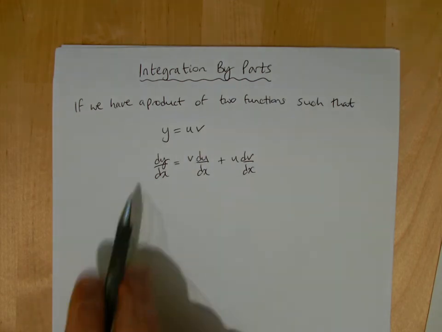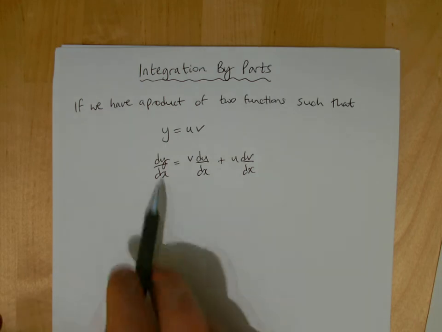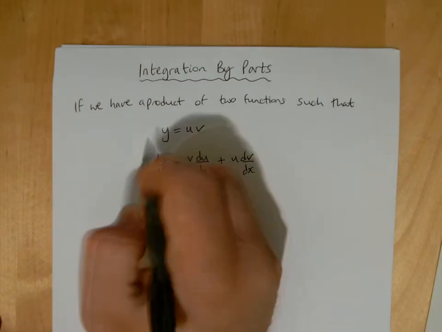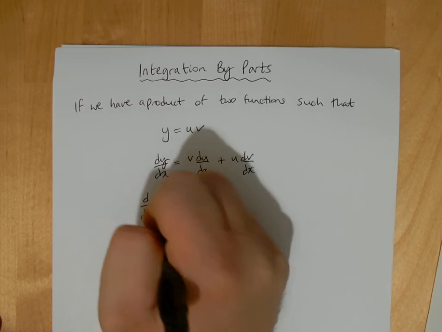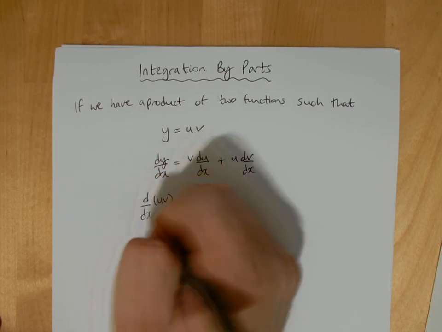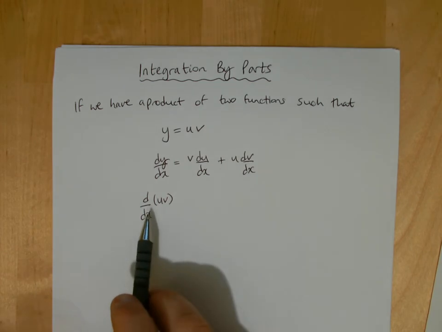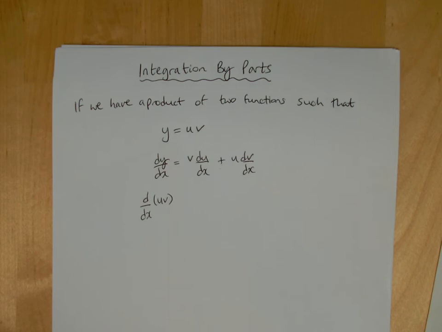Now what I can do is slightly rewrite this. So dy dx can be written as d by dx of uv. That's just another way of writing the derivative of the function y with respect to x.